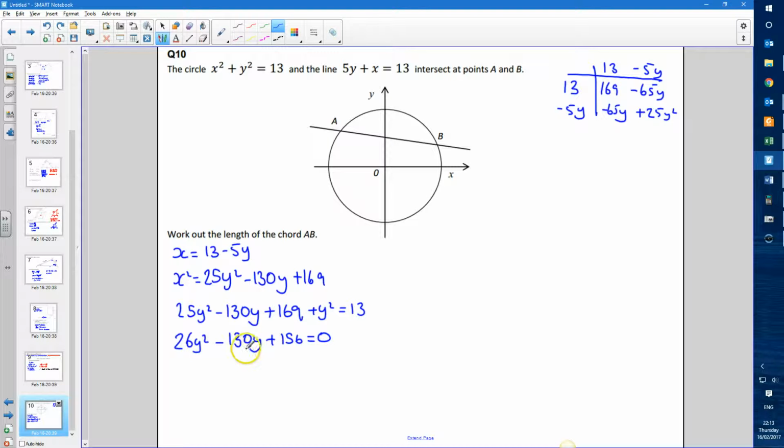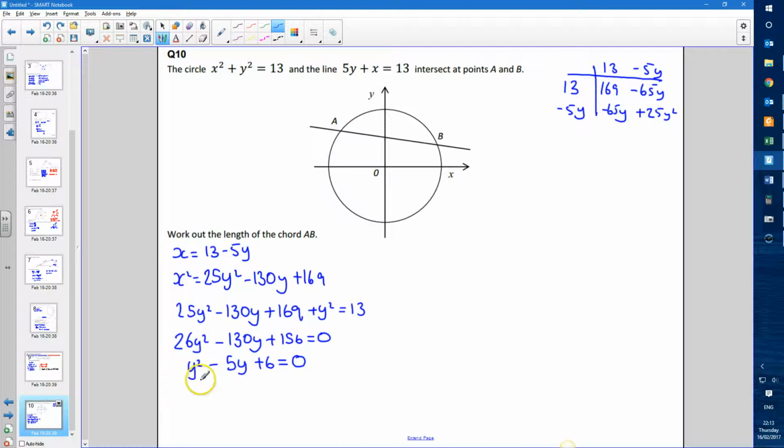Quite a handy thing that's happened here that you may or may not spot is that 26 is a factor of all of these numbers. So if I divide through by 26, that becomes y squared. 130 divided by 26 is 5, so take away 5y. 156 divided by 26 is 6, so plus 6 equals, and 0 divided by 26 is just 0, so that's going to stay as a 0.